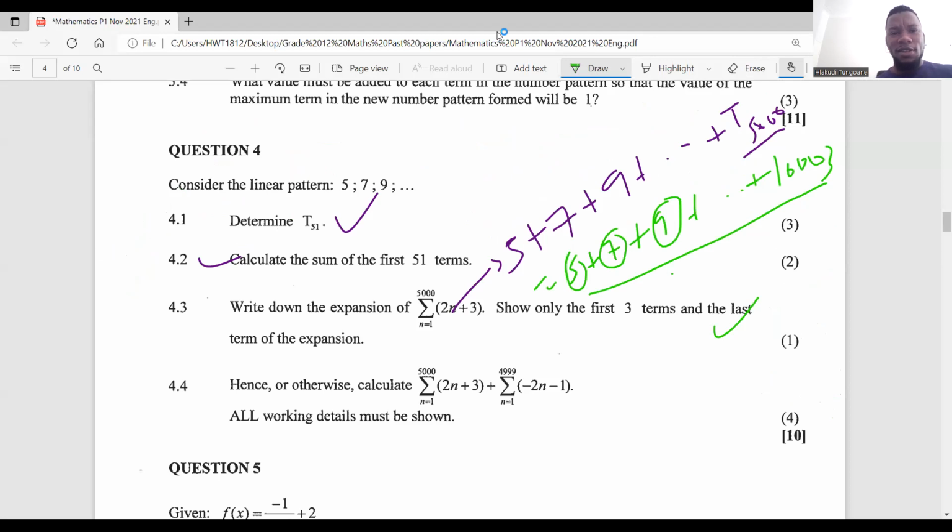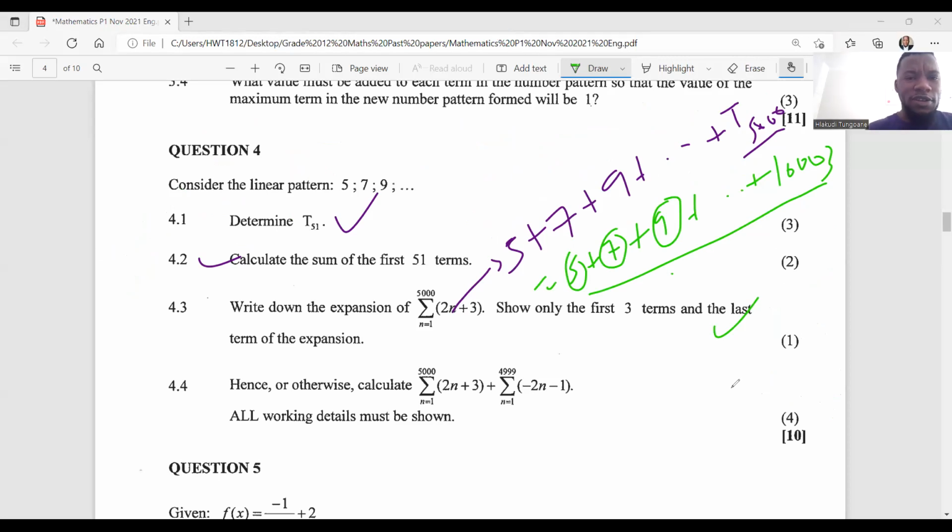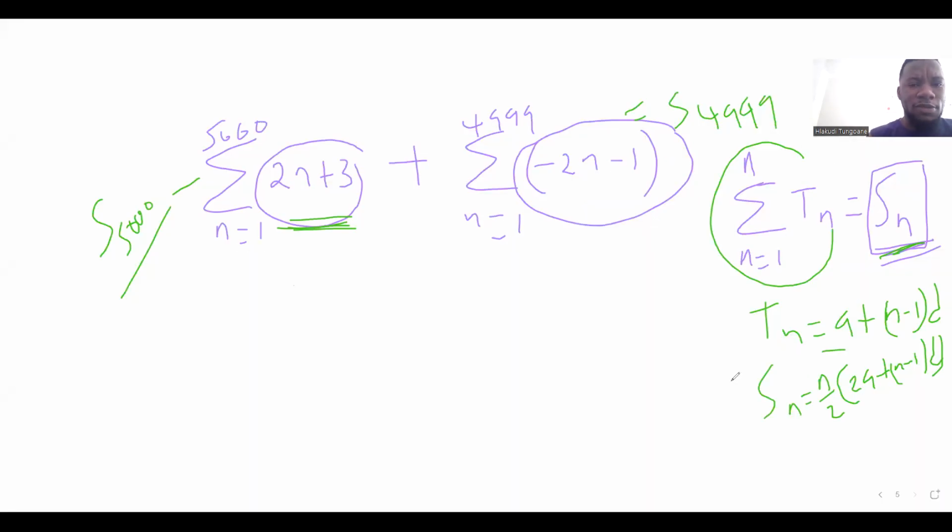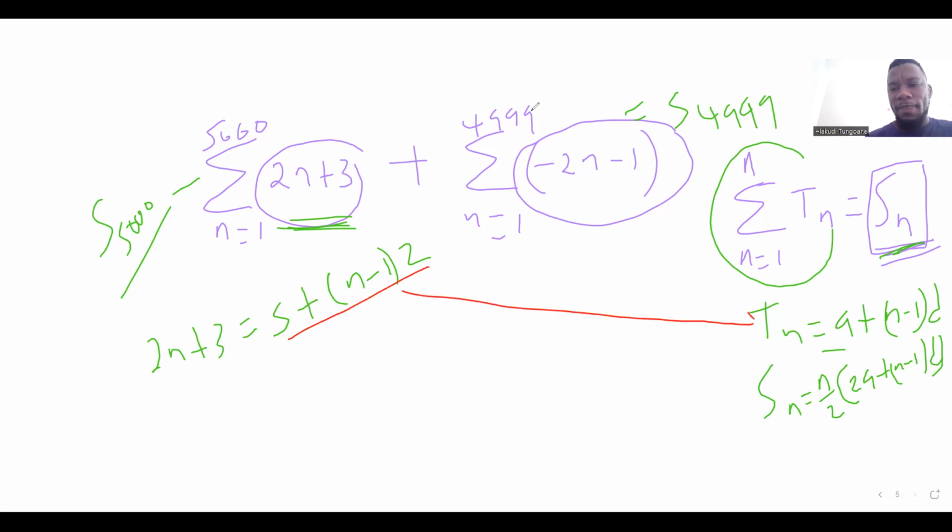So what I was saying is that for this one, we've already identified that 2n plus 3 is the same as 5 plus (n minus 1) times 2, right? So it's already written in the form of this guy. Then you can just directly substitute d in the formula for Sn there.